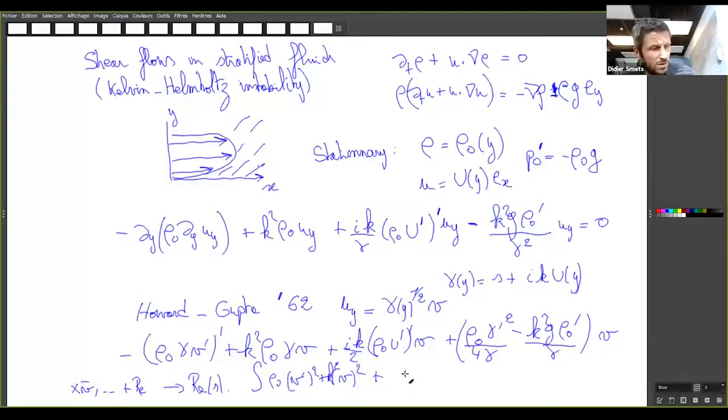Plus still something positive, k squared rho naught u prime squared over gamma squared, but something real, positive, times what I will call the Richardson number of y minus 1/4 times v squared.